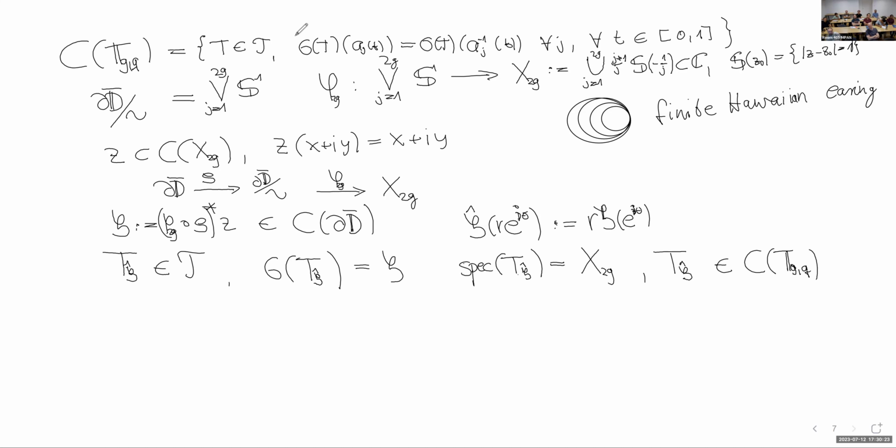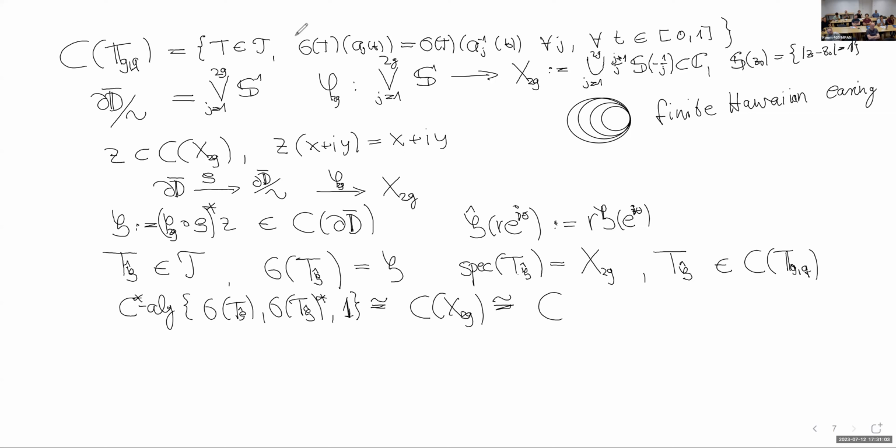So we know that the C*-algebra generated by our sigma of the Toeplitz operator, and its adjoint, is exactly isomorphic to C of X to J, or it's isomorphic to the functions on the boundary circle. So that's it.